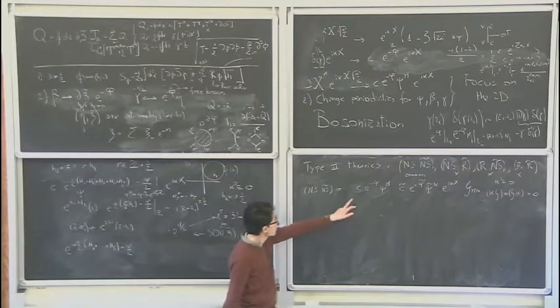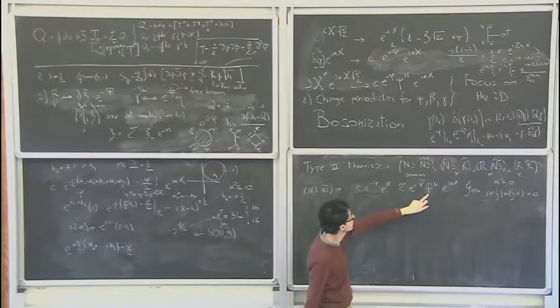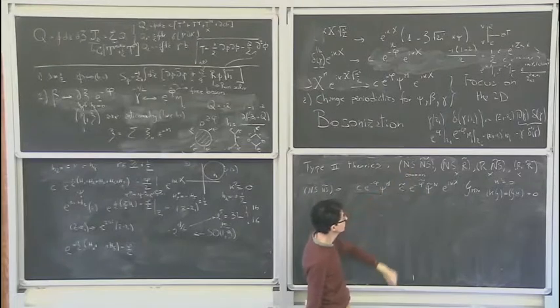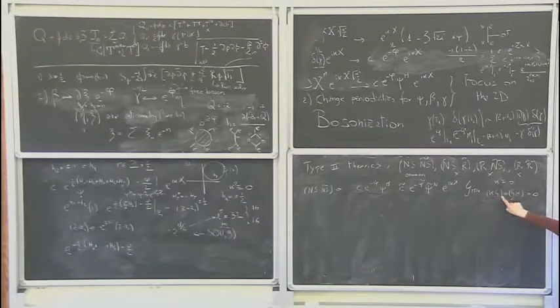Right? So I take the left bit, which is written up there, the right bit, which is written up there, and then these are the physical conditions.